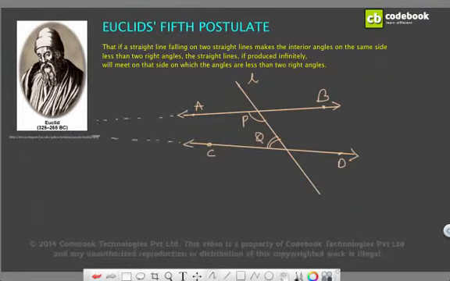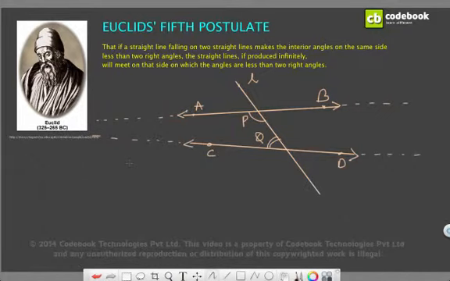So what Euclid's postulate is stating is if these line segments AB and CD are extended infinitely, they are going to meet on the side at which the interior angles are less than two right angles. So in this case, AB and CD will meet some place on the left side of L if they are extended infinitely.